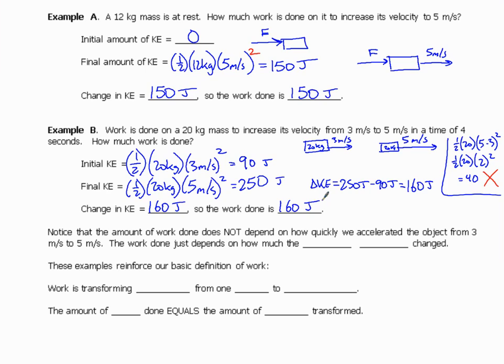So notice that the amount of work done does not depend on how quickly we accelerate the object from 3 meters per second to 5 meters per second. The work just depends on how much the kinetic energy changed. So these examples reinforce our basic definition of work.